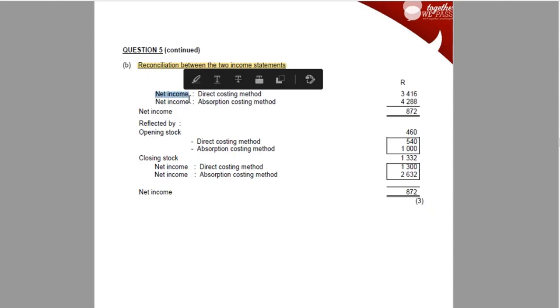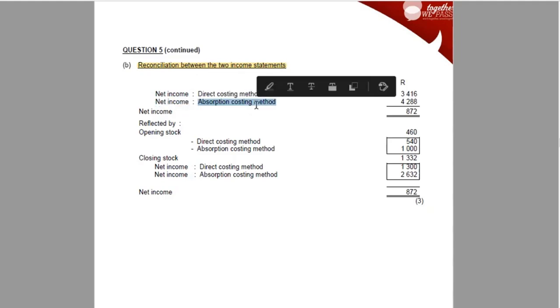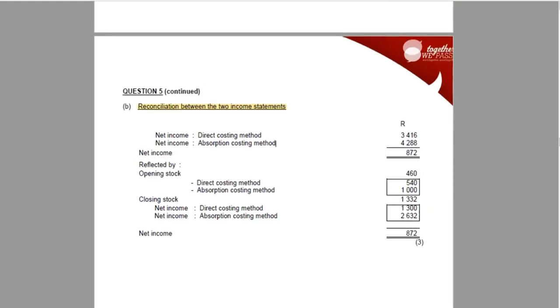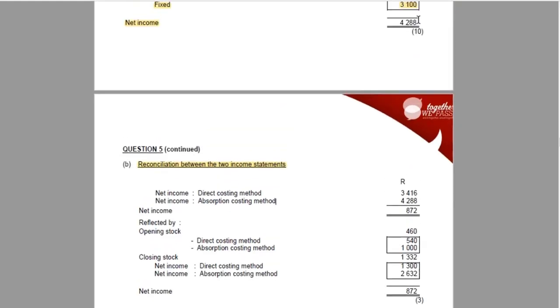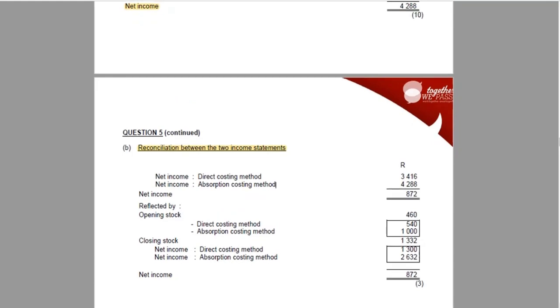So you always say, okay, that means I need net income under my direct costing method. I need net income under my absorption costing method. You put it there because you've calculated. That's why I was saying that it's very important that you get to the amount of your net income.